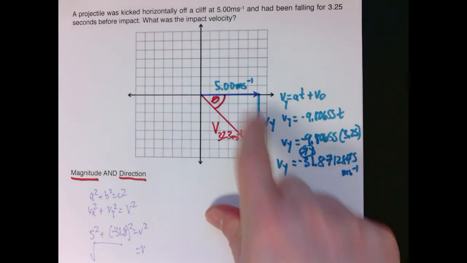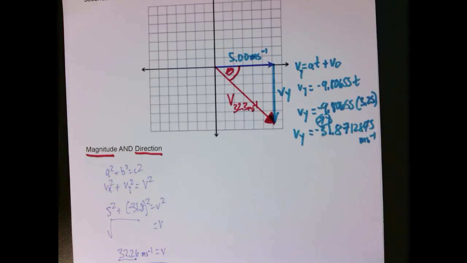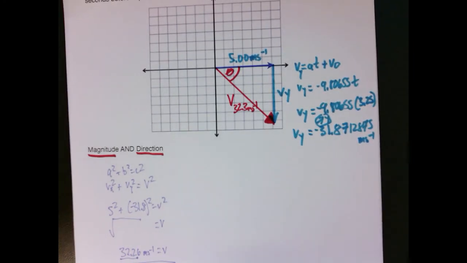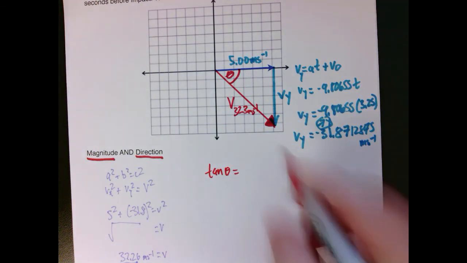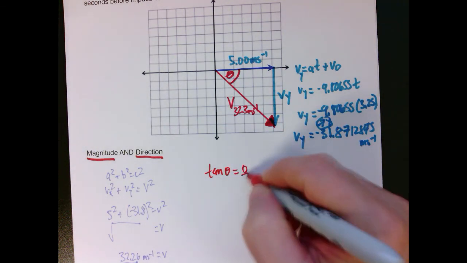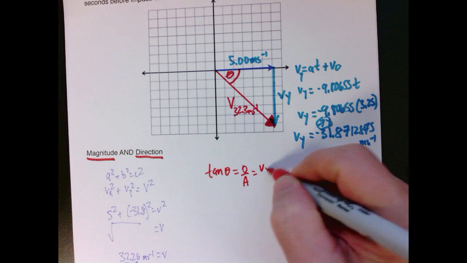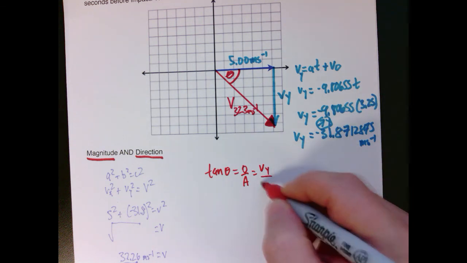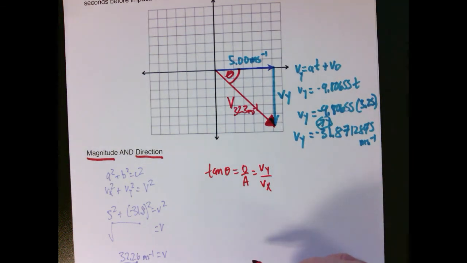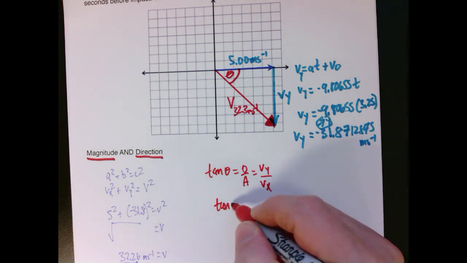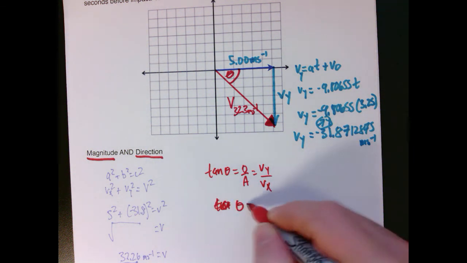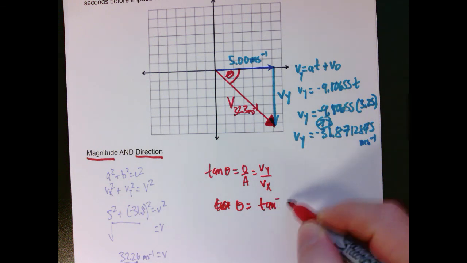So this is the opposite, that's the adjacent, and that gives us tangent. So we have tangent theta equals opposite over adjacent, which is Vy over Vx, and so then theta is the inverse tangent of Vy over Vx.